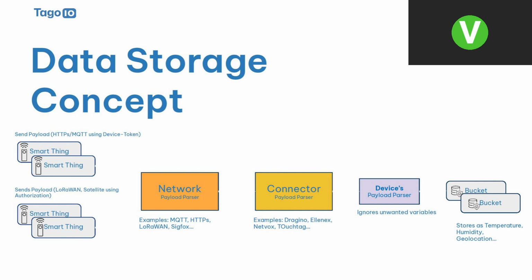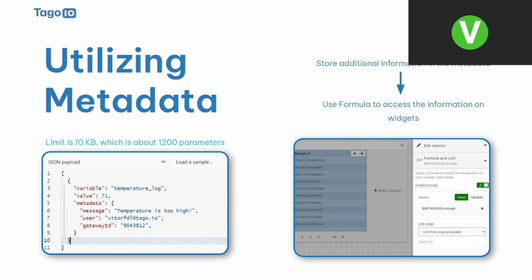And so let's dive in what you can do in order to optimize data usage, data inputs, and even data output of your devices. Okay, so we have here an example of metadata in your data, and the metadata is just a parameter inside any of the data that you store on TagoIO. And there are several ways you can make use of the metadata.